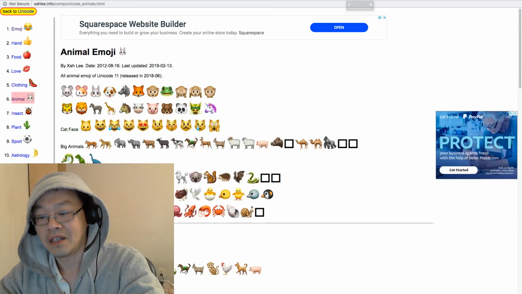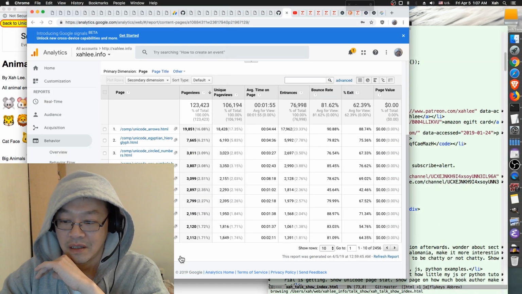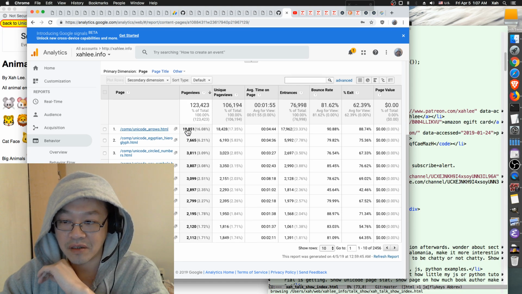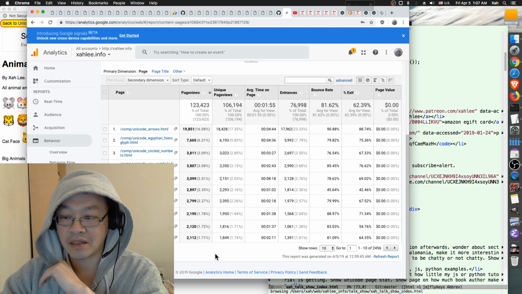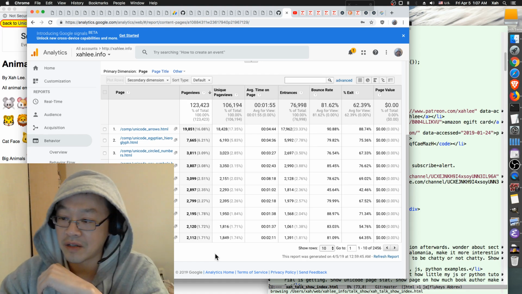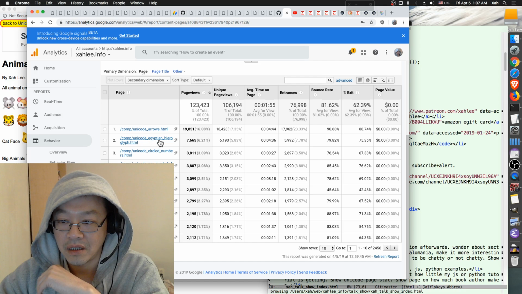It's funny, the Unicode pages are the most popular. The Unicode arrows got 19,000 in 7 days. That's like 3,000 visitors a day. Then the Egyptian hieroglyph page is like 1,000 visitors a day. So these are the top 10.